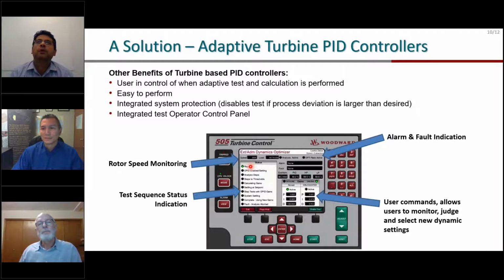So what we usually do is we replace the analog controllers with this controller. This 505 turbine controller or MicroNet turbine controller comes built in with this adaptive PID tuning. It's more a software piece rather than a hardware piece. So it's not like an external controller that you add on. It's actually built inside our controller itself, the adaptive PID tuning.